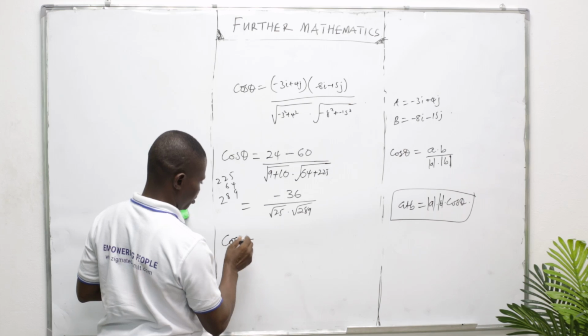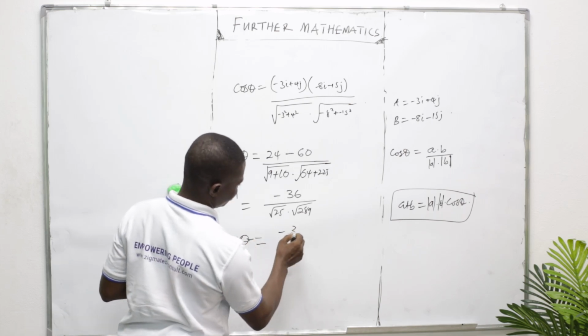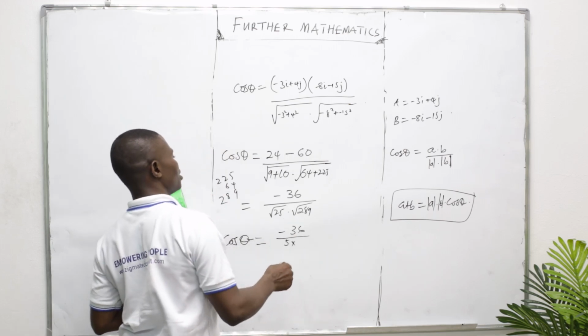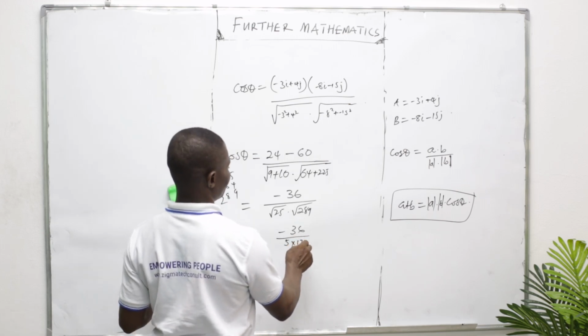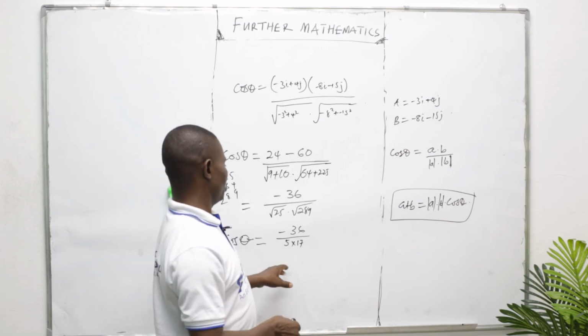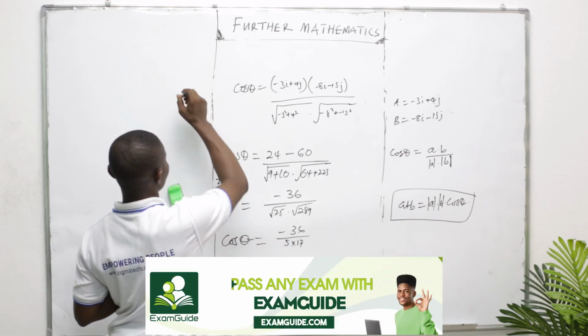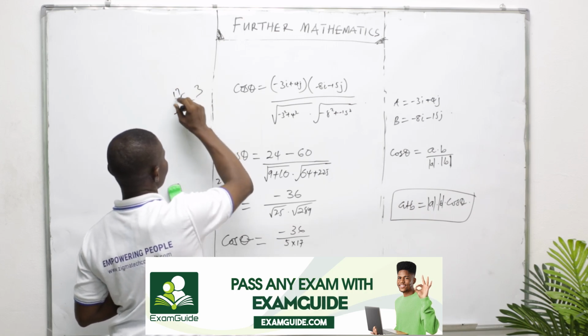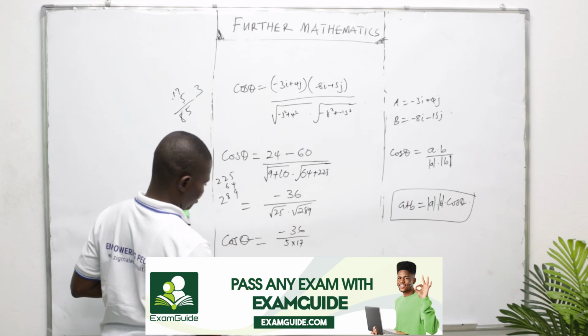Cos theta equals minus 36 all over 5 times 289. So 17 square root of 289. So times 5, this is 85.